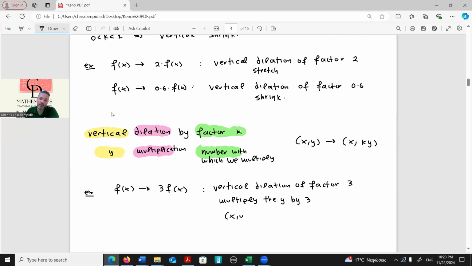So the random point (x, y) will turn to (x, 3y), which means that if we had, let's say, the point with coordinates (1, 6), that would have moved to (1, 18).